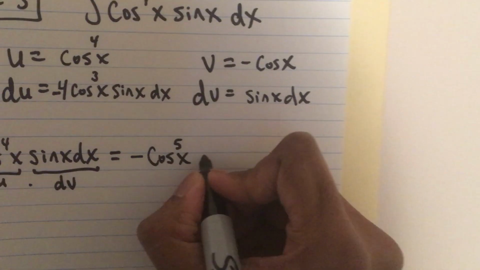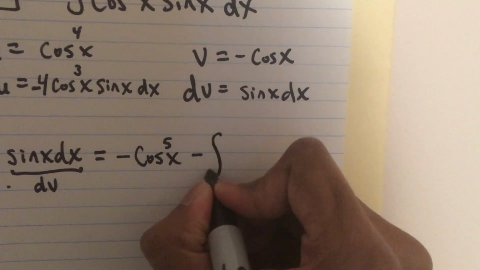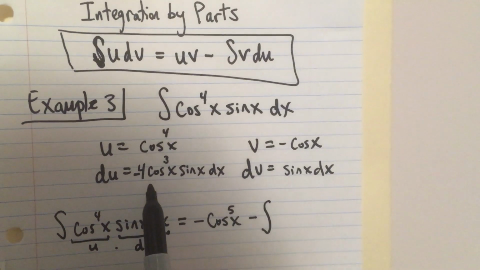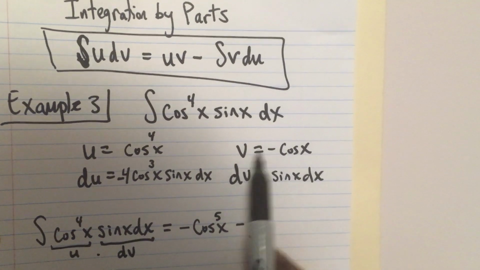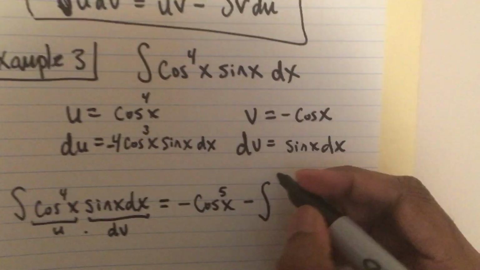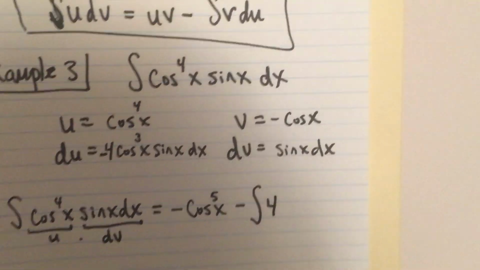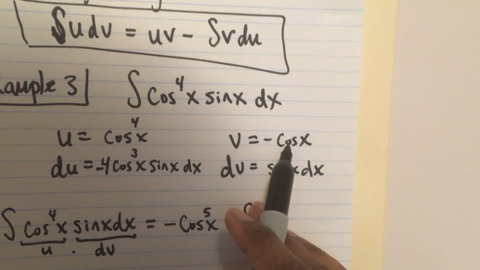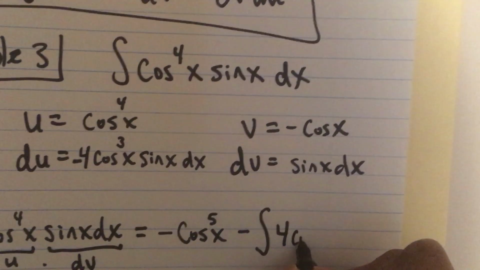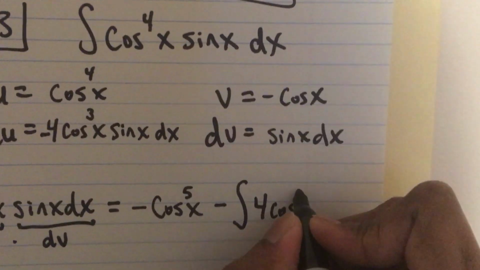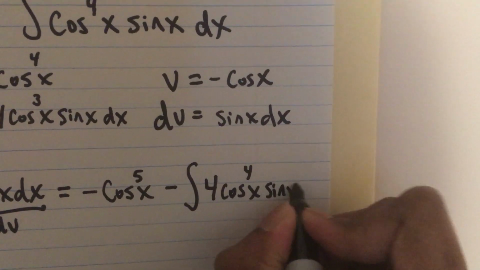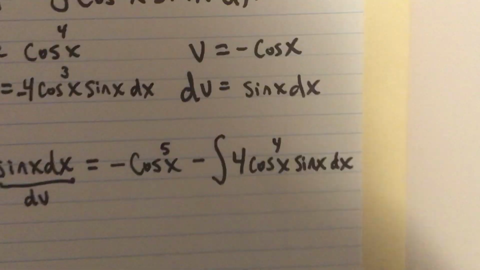I'm then going to subtract the integral of v du. Negative times negative is a positive. 4 cosine x to the third times cosine x gives you cosine x to the fourth power, then sine x dx.